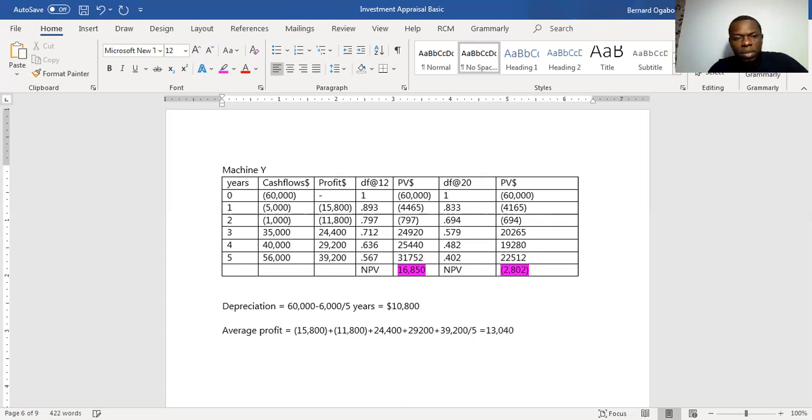So ARR is equal to 13,040 divided by 60,000 multiplied by 100%, which is 21.7%.